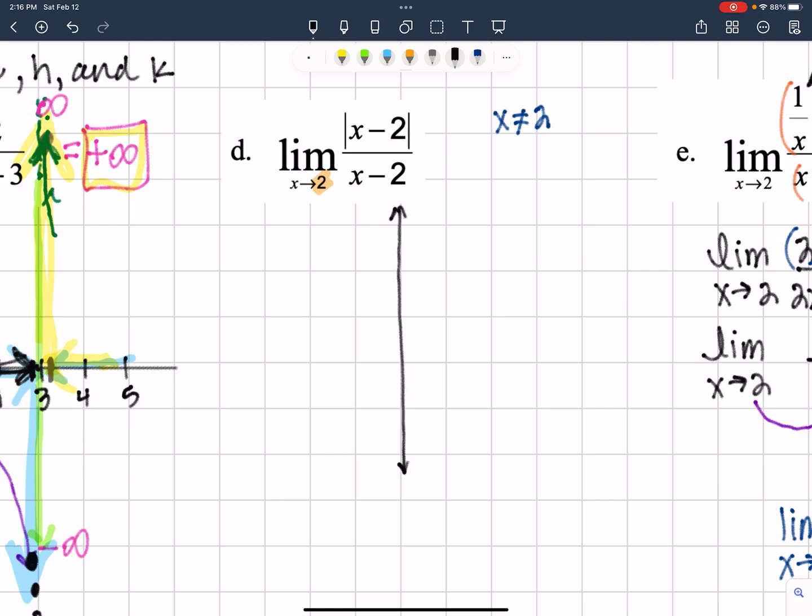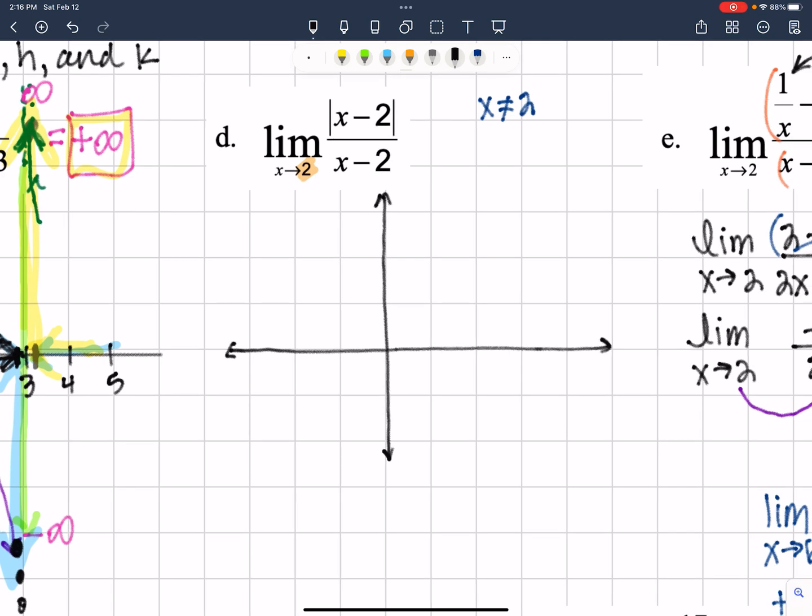I think it's best if we put values in. And rather than putting in values to the left of 0, it's all about what's happening to the left of 2 and to the right of 2. So if I put in a positive 1, in the numerator, I'm going to have the absolute value of 1 minus 2 over 1 minus 2.